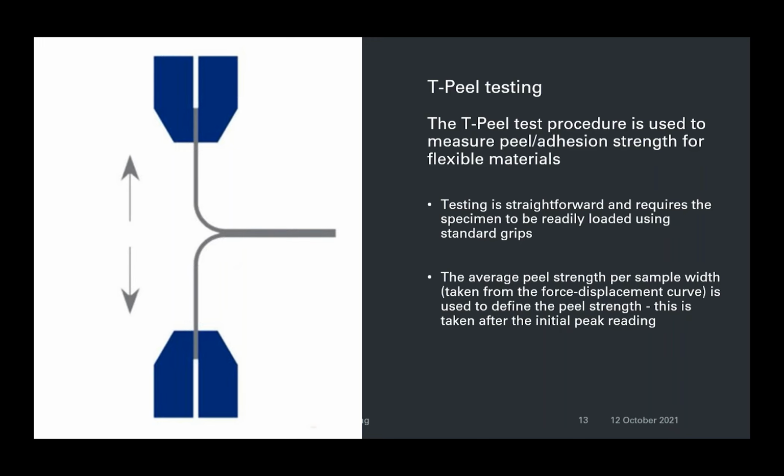That reading is usually taken after the first peak reading, which occurs when the peel is first begun or initiated. So you realize when you start testing that specimen, you'll see a pop at the very beginning, which breaks the seal. And then after that, you should see the actual average peel data on that force versus displacement curve.